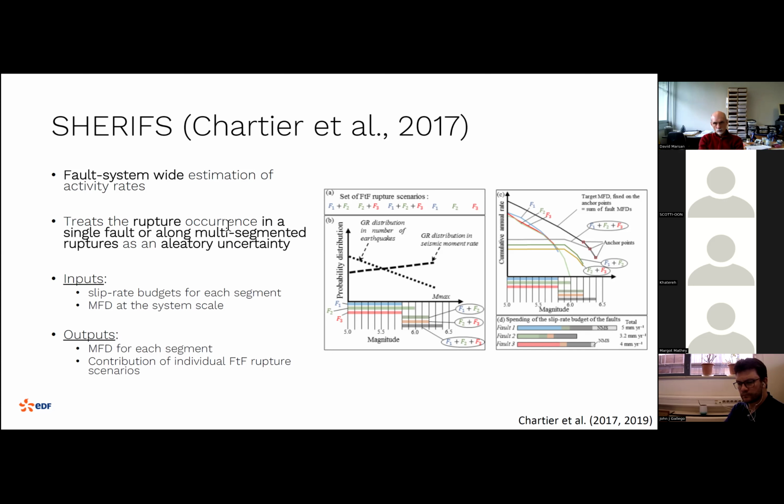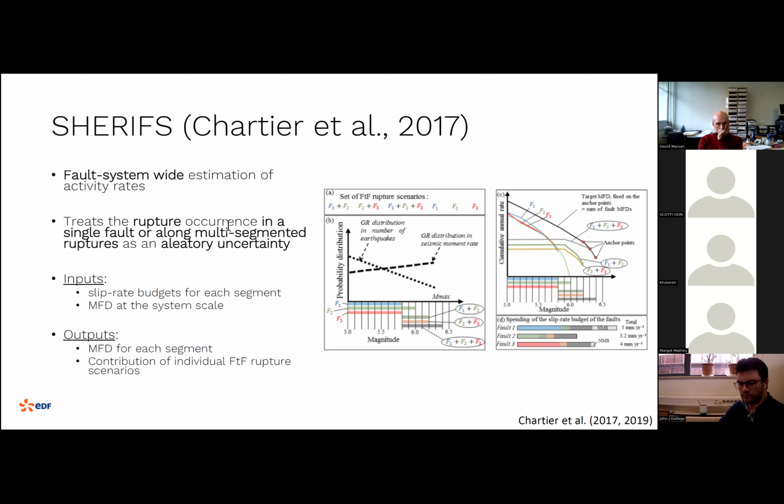So if you can characterize the magnitude frequency distribution at the scale of the fault system, and if you also know the slip rate budgets for each of your segments, their approach permits to recover or estimate the magnitude frequency distributions for each segment.